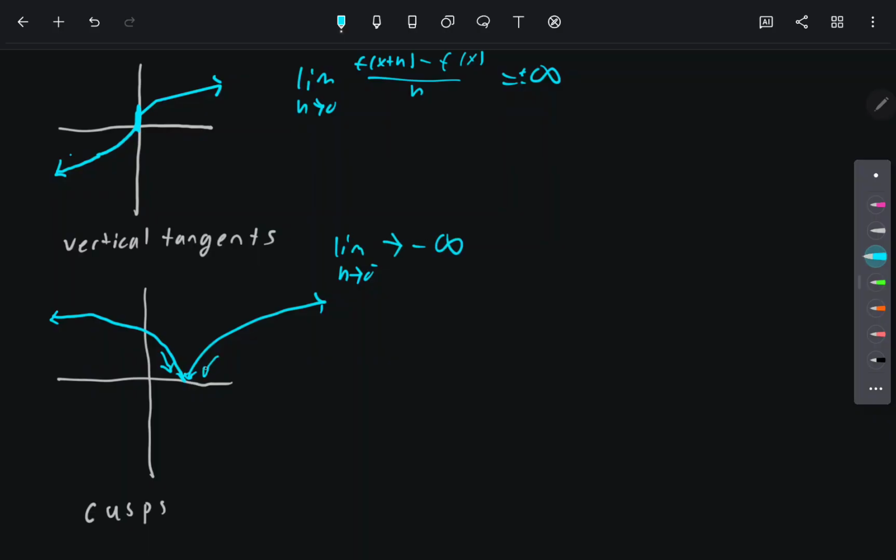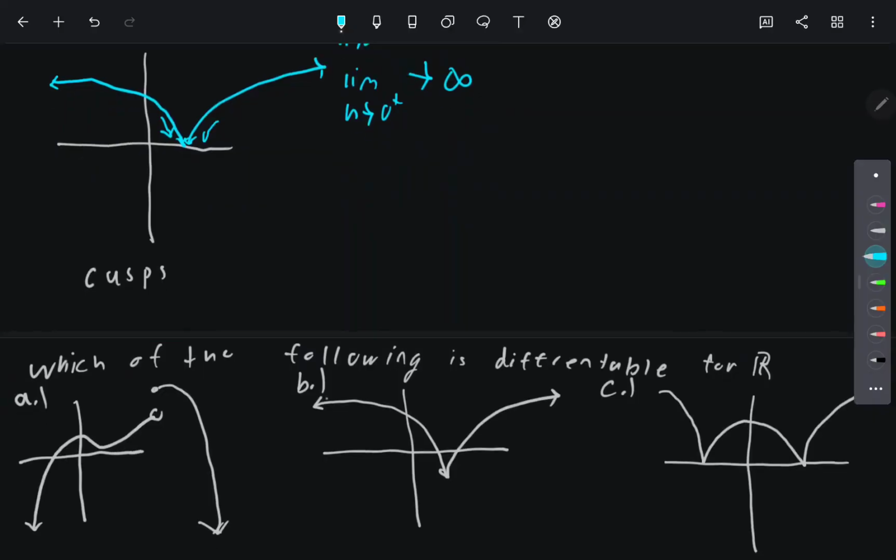But as it approaches from the right, the limit is going to approach positive infinity. So this limit does not exist since the limits don't equal each other.